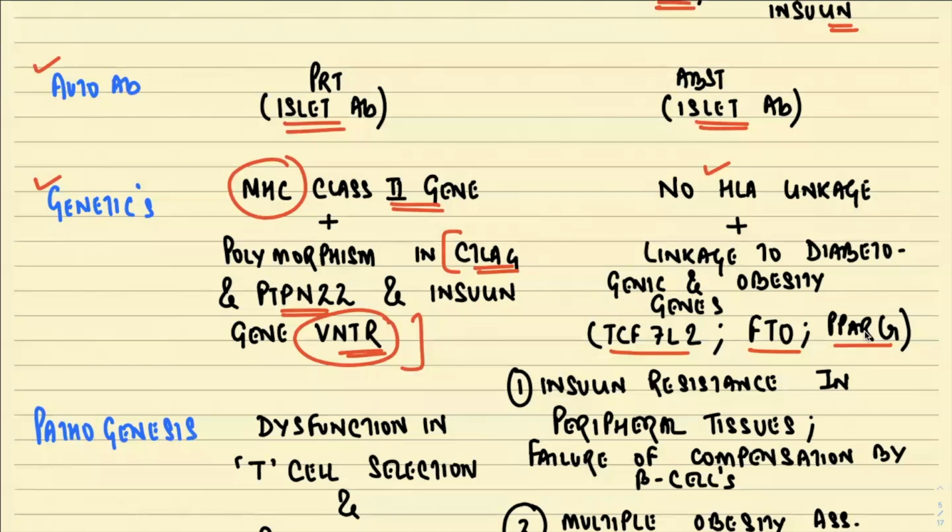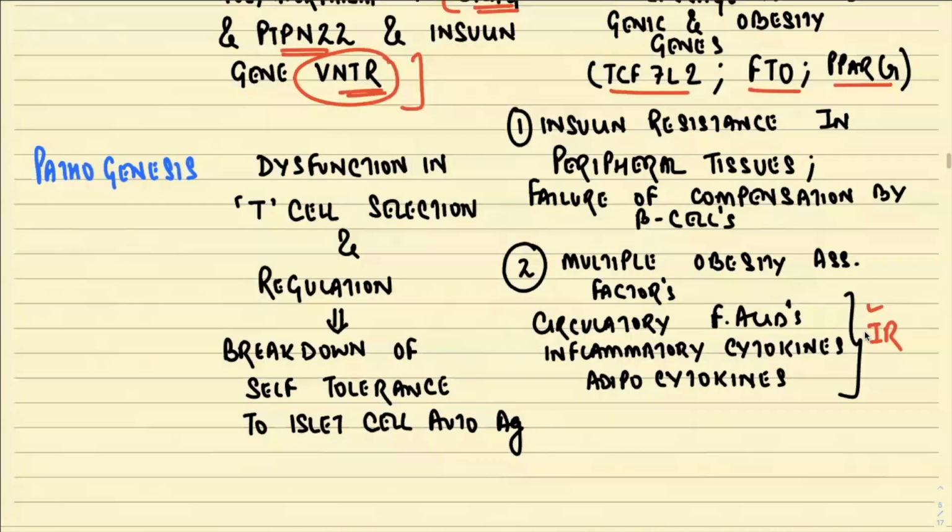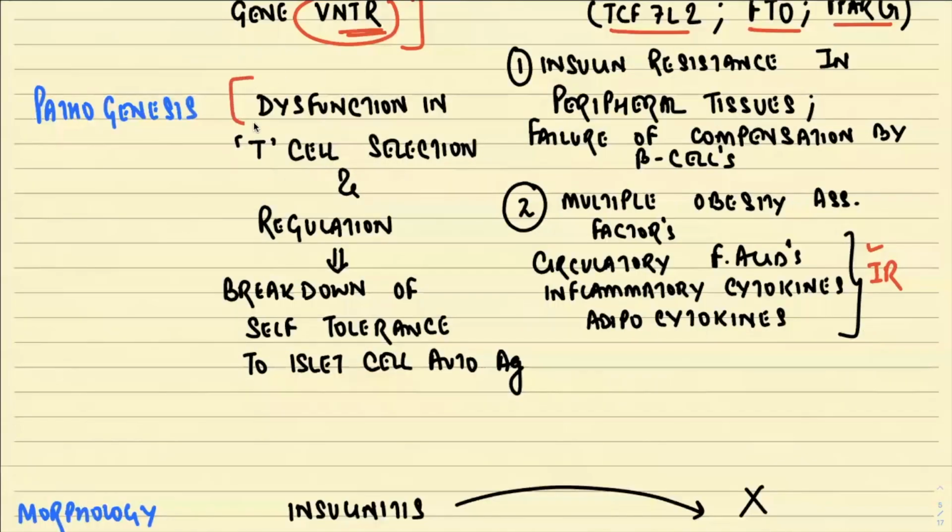Just remember these points. The basic pathogenesis of type 1 diabetes mellitus occurs because of dysfunction in T cell selection and regulation. Our T cells, which are basically the soldiers of our body, are not trained properly. Because of this faulty training, they recognize the pancreatic islet cells as foreign and therefore act against them.